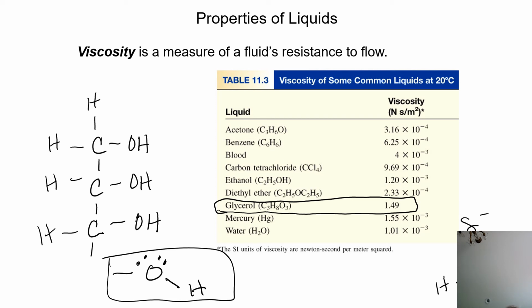So it has a high resistance to flow or a high viscosity. So stronger IMFs, even though both glycerol and water have the same kind of IMF, hydrogen bonding, the glycerol molecule can make more hydrogen bonds than water molecules. So stronger IMFs, higher viscosity.